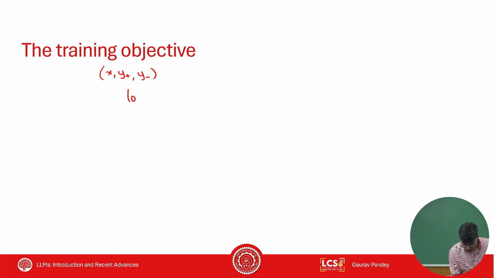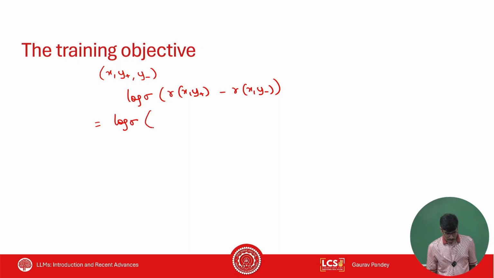So this will be log sigmoid of r(x, y plus) minus r(x, y minus), which is equal to log sigmoid of, what is your r(x, y plus)?